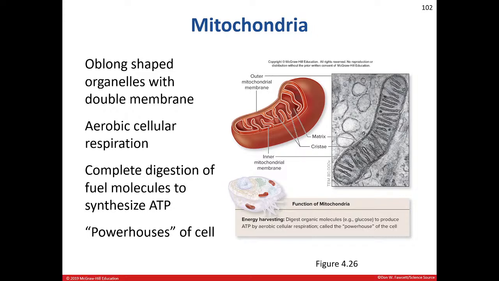Now, when we say fuel molecules to synthesize ATP, first of all, ATP is a unit of energy. I've been using that phrase so far. ATP is actually a nucleotide with 3 phosphates attached to it. And there's a lot of energy in those phosphate bonds in ATP.